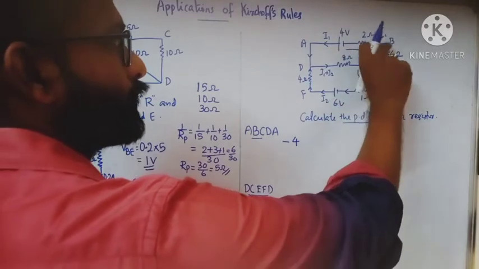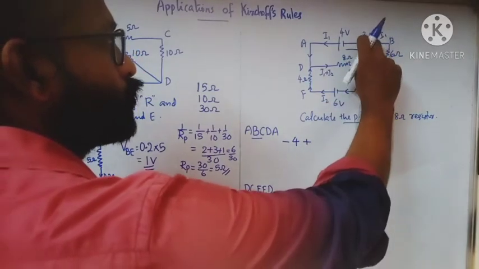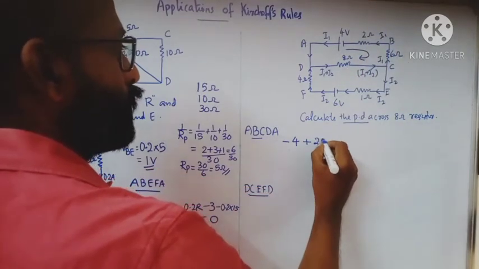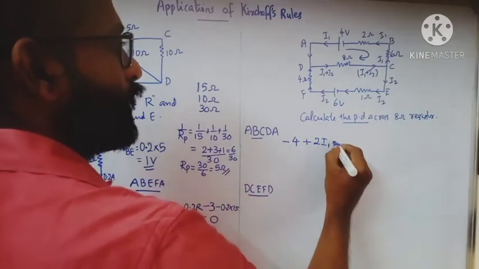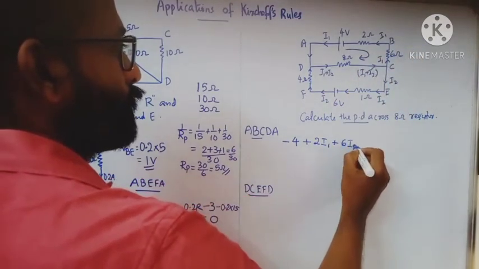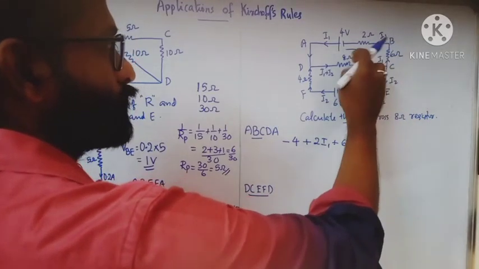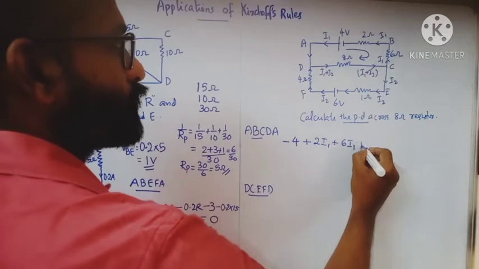So we move like this. Current is in the opposite direction, so we put a positive sign. 2 into I1, okay, 2 I1. Again we traverse like this. Current is against us, so we take a positive sign. Then 6 into I1. Okay, now we just come like this. See, we come in this direction. Current is against us. Again we take a positive sign.